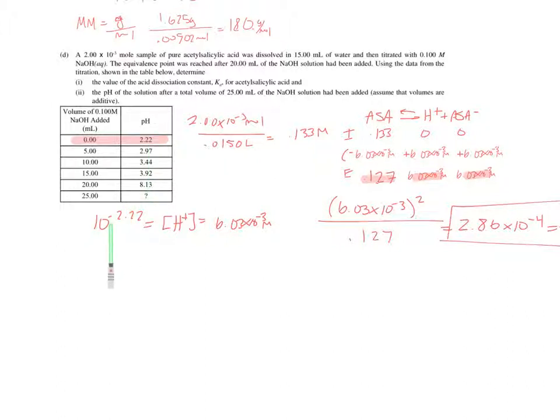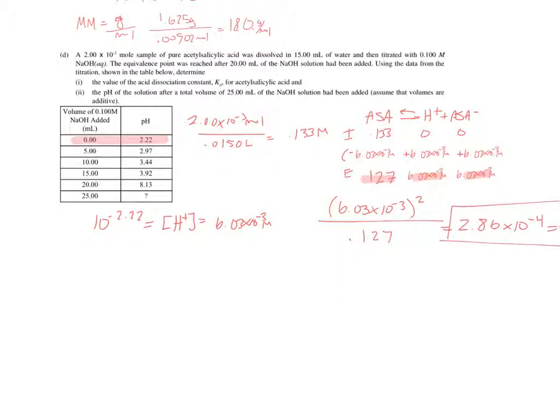By taking 10 to the negative 2.22, you get the concentration of 6.03 times 10 to the negative third, so that plops here, and it's also the concentration of acetylsalicylic acid conjugate base. And if I know the initial and final, I know the change, so I applied the change to acetylsalicylic acid initially and found the concentration to be 0.127, and then I just plugged it into the Ka.